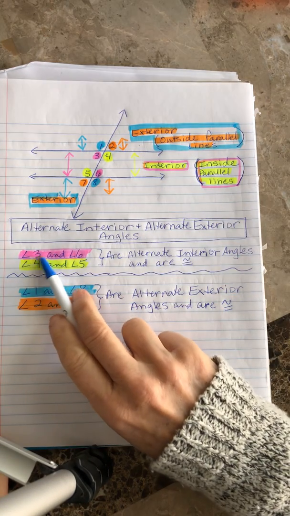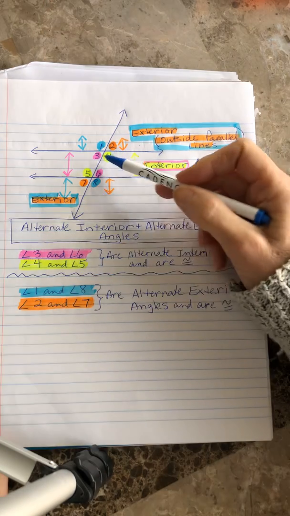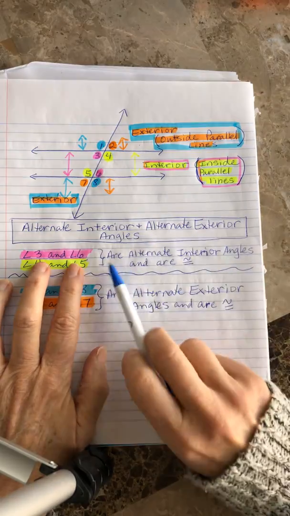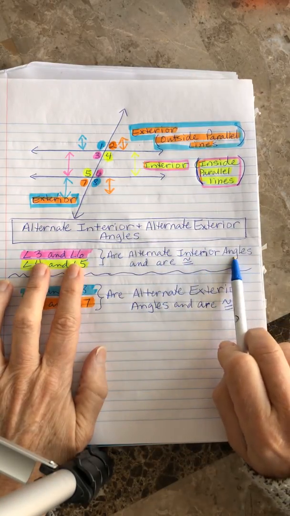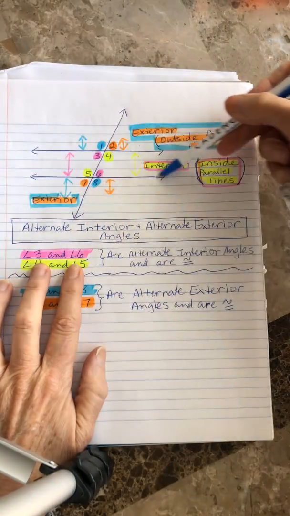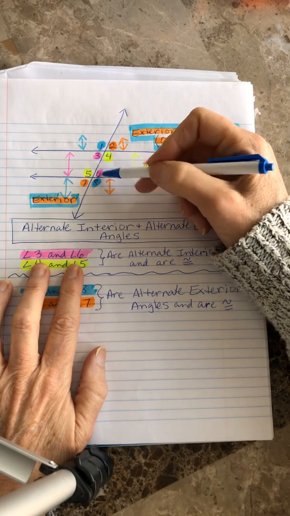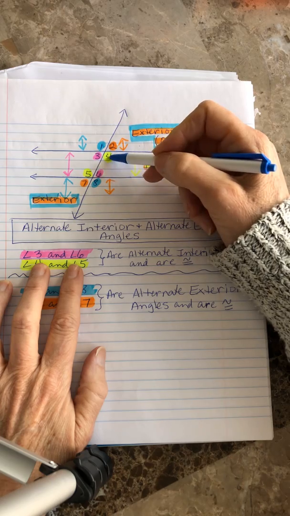So we say angle 3 and angle 6, angle 4 and angle 5 are alternate interior angles. And when these lines are parallel, then they are also congruent. Those are the same angles. Those are the same measure of angles.